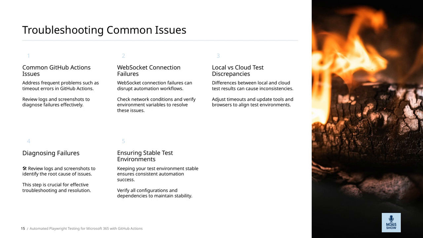Doing so allows you to diagnose failures more effectively and keep your automation running smoothly. By staying vigilant and systematic in troubleshooting, we can keep our testing pipeline reliable and efficient, aligning perfectly with the overall goal of robust automation for Microsoft 365.